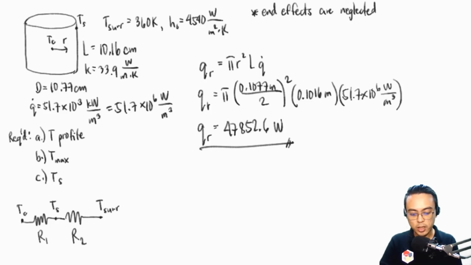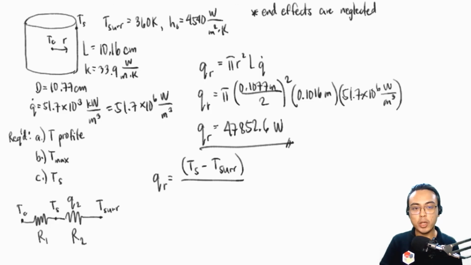So we write Q sub R, which is also equal to Q sub 2, referring to the second resistance, is equal to the temperature gradient, surface temperature minus surrounding temperature, all over the resistance. We have mentioned earlier that the resistance due to convection is simply 1 over H multiplied by the area.